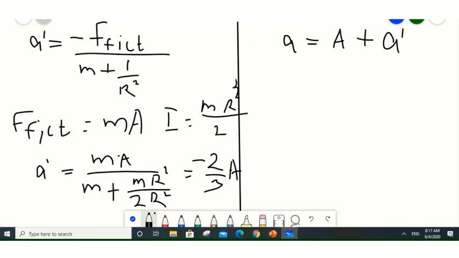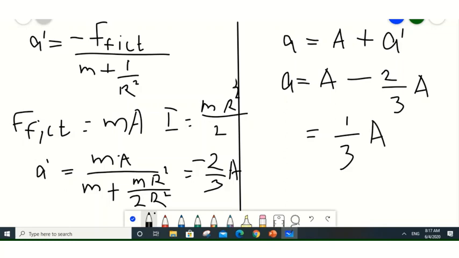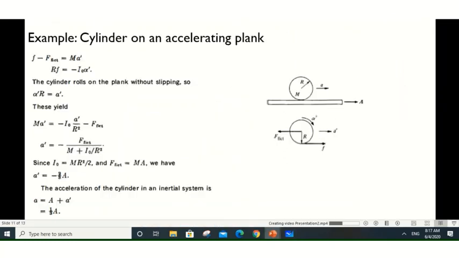So a is equal to A minus 2 by 3 A, which is equal to 1 by 3 A. That's why we get a is equal to 1 by 3 A. So this is the example of a cylinder on an accelerating plank.